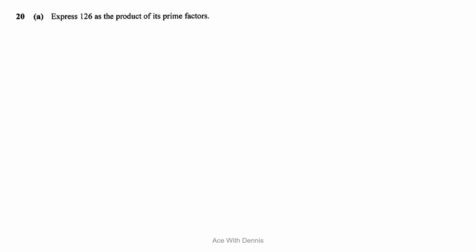Question 20. A. Express 126 as the product of its prime factors. 1 mark. So in order to get the product of prime factors, we have to divide 126 with prime numbers. So let's start with 126 divided by 2, we get 63. Then divide by 3, we get 21.